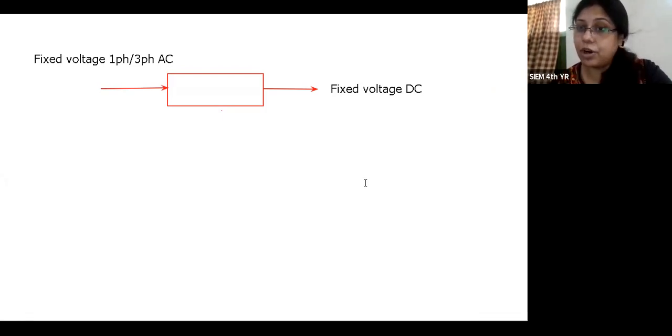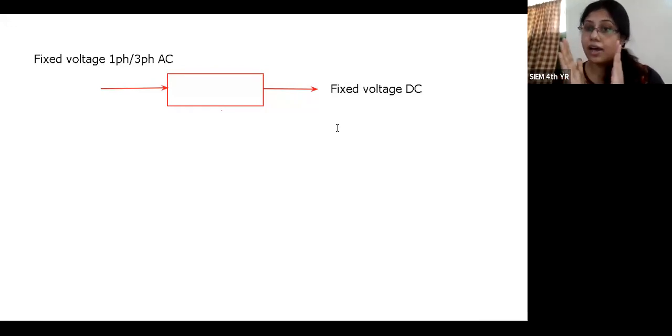Which kind of power modulator we can use? No. Sumit, IGBT is a device, but a power modulator is a circuit.